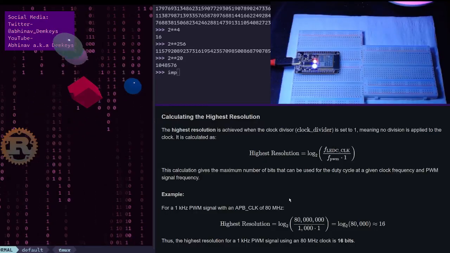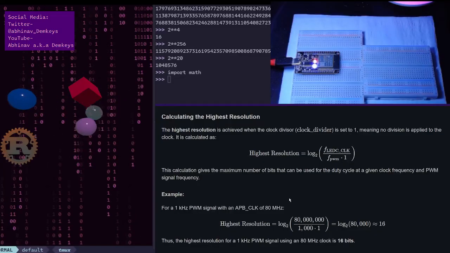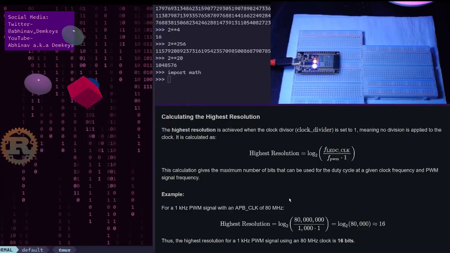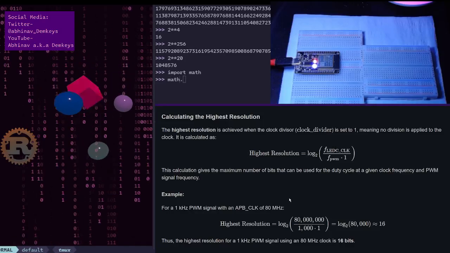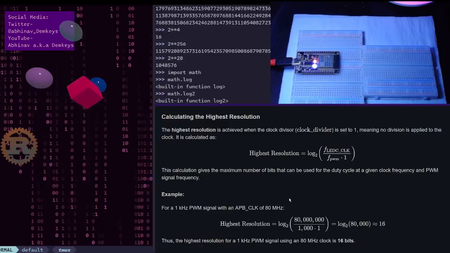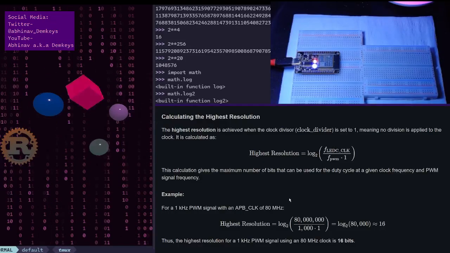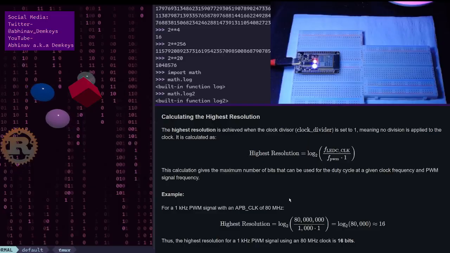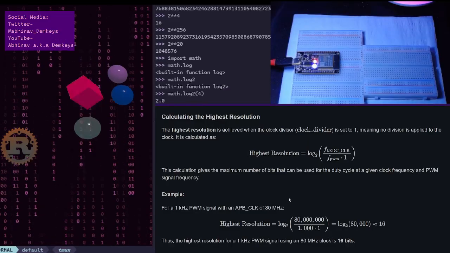Import math. math.log, I guess. Yeah, we have log 2. Let's quickly try this. So 16 should give us 4. Yeah, okay.